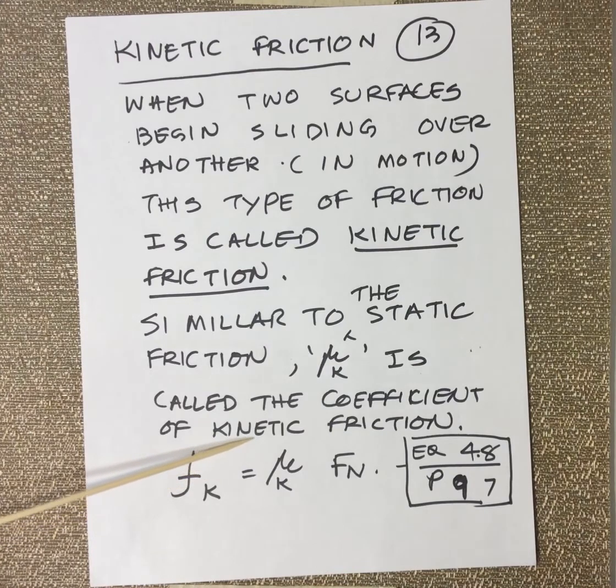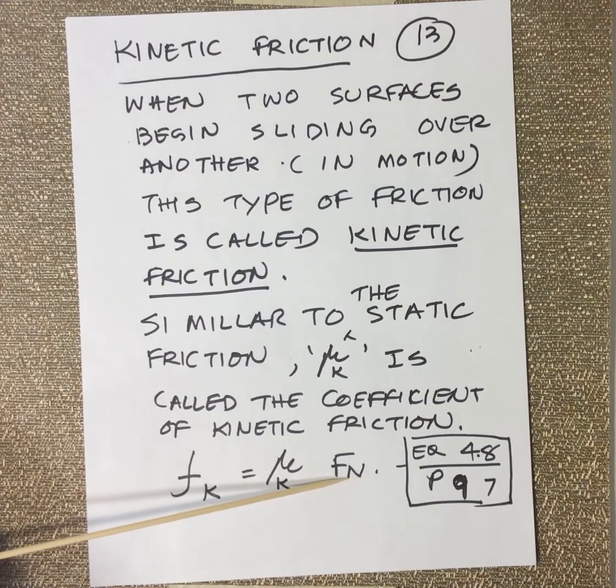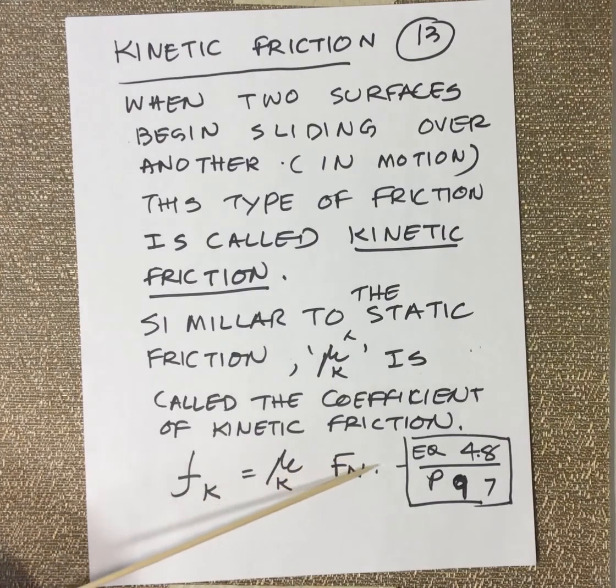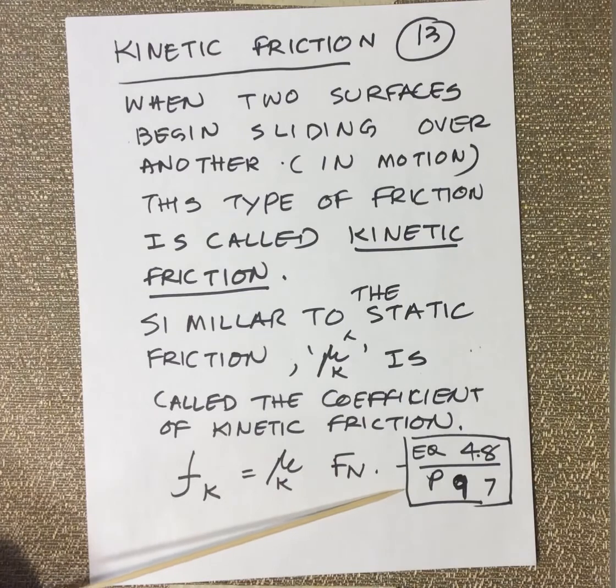But here it is a variable force, so Fk, with mu k the coefficient of kinetic friction, equals mu k times Fn, the normal force again. So you can go over example 4.8, page 97.